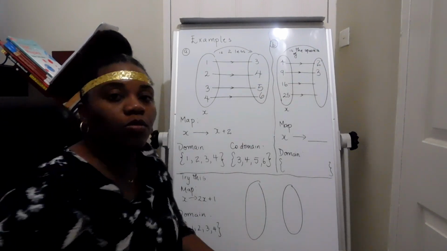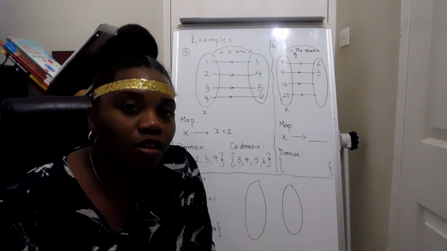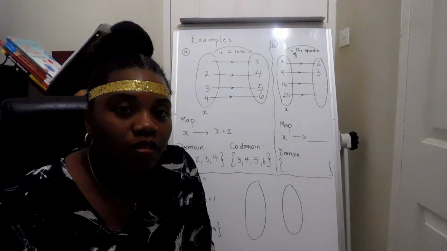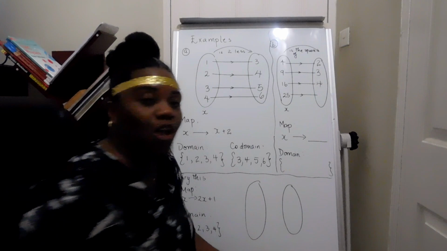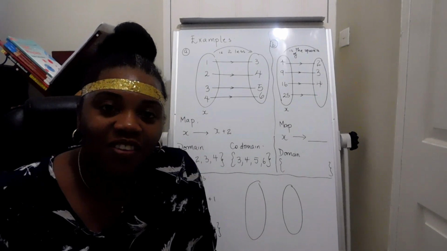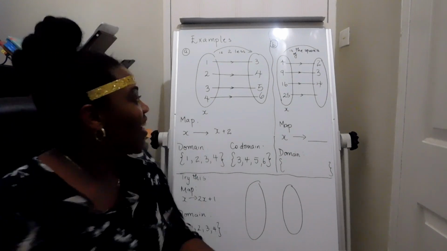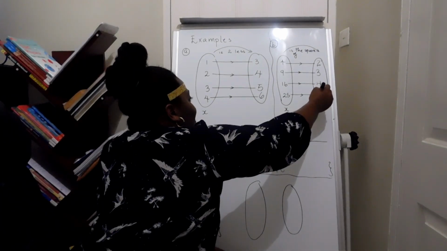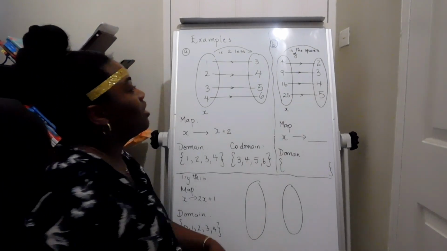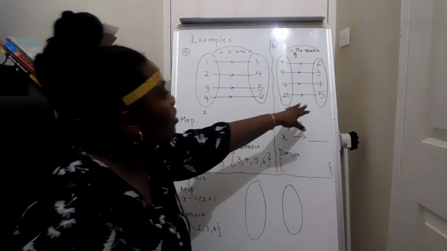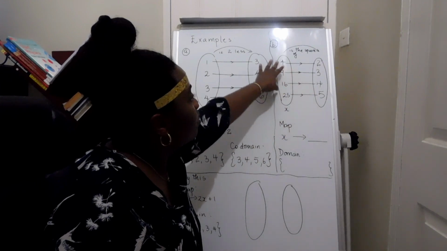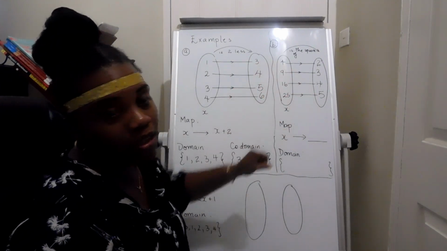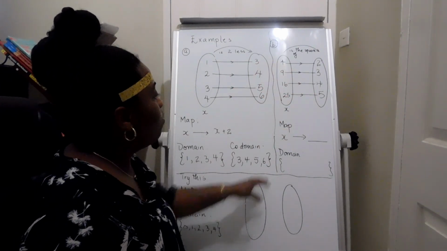What number times itself will give you 16? Correct, 4. What number times itself will give you the answer 25? Yes, correct. So in this case, you are squaring whatever is in this set to give you these answers in the domain right here.